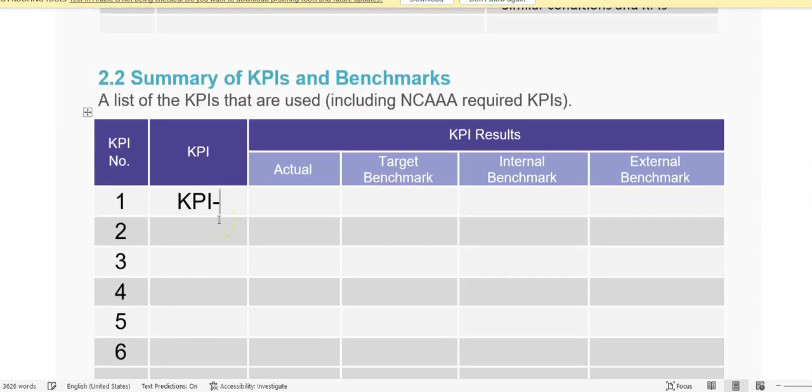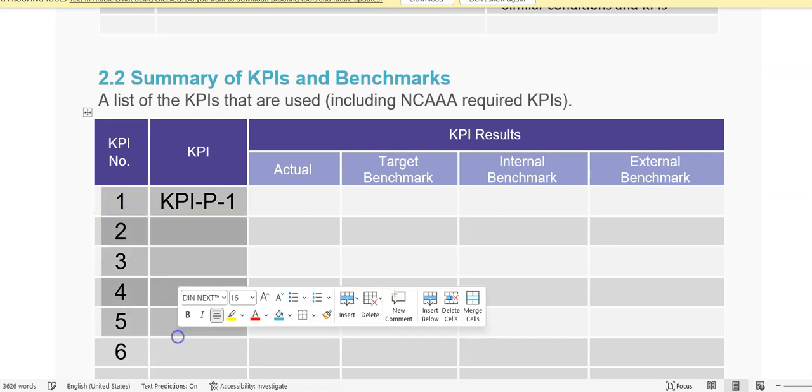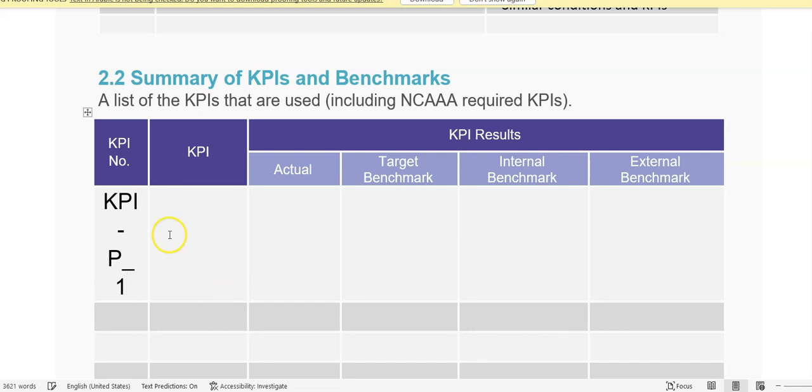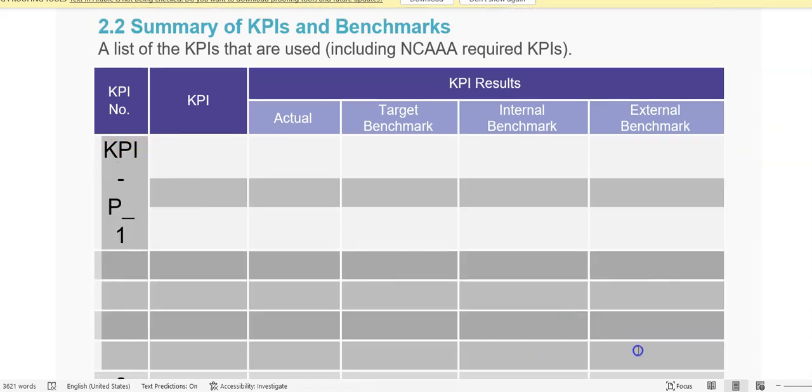For example, you write KPI here. For your KPIs, they are all program KPIs, number 1. I think it is right. The number is enough for the description, but I think it is not enough. I think I made a mistake. You can write here KPI P1. We have to make the font smaller.